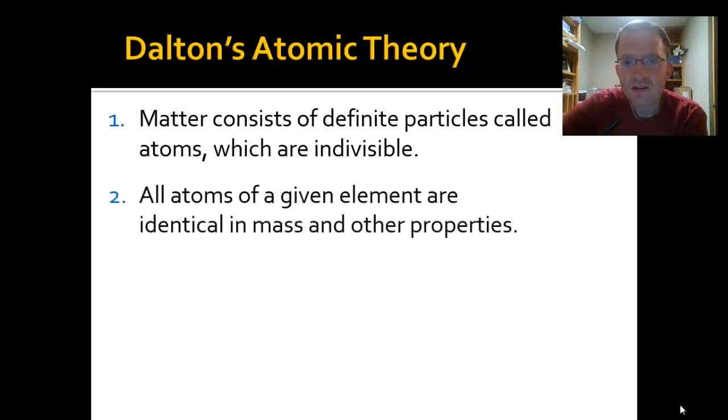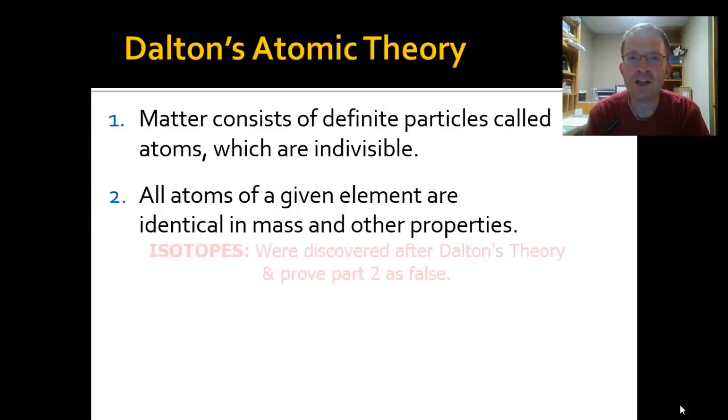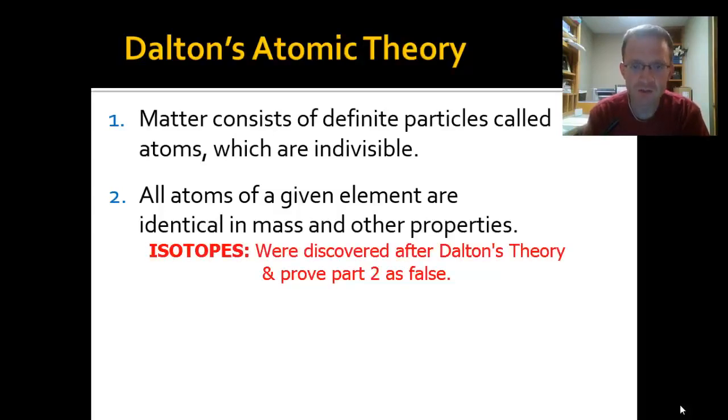The second part of Dalton's atomic theory is that all atoms of a given element are identical in mass and other properties. In other words, all of the atoms of silver in the world are exactly the same, or all the atoms of carbon in the world are exactly the same. Turns out that number 2 on Dalton's atomic theory is also, in fact, very false. We'll talk more about why later. You'll find out the word isotopes becomes very important.